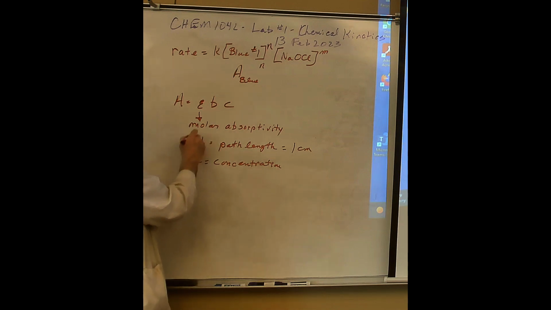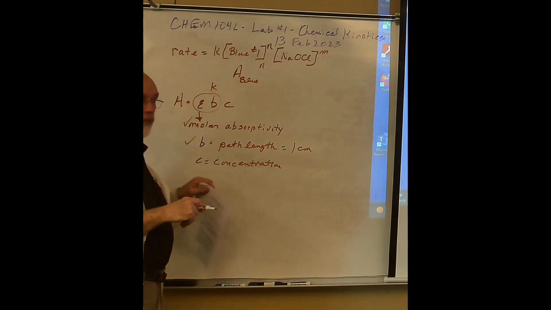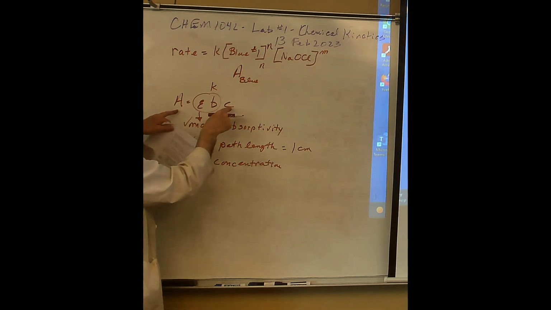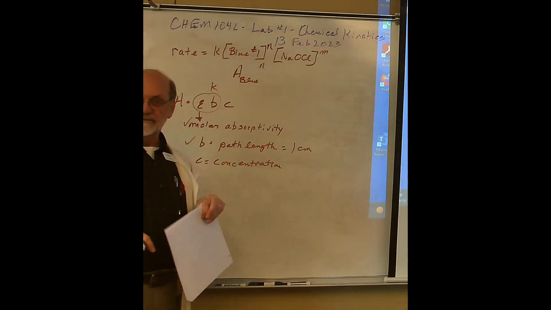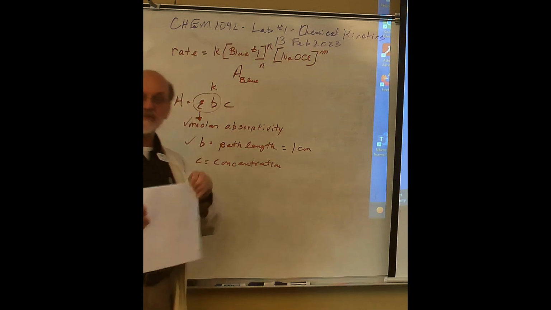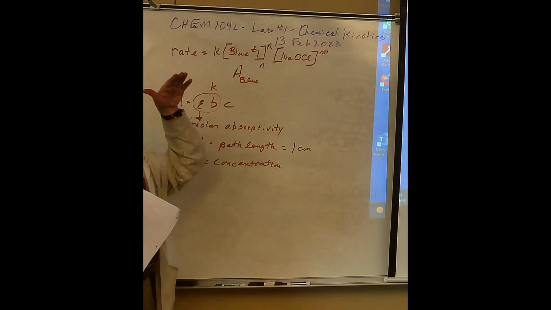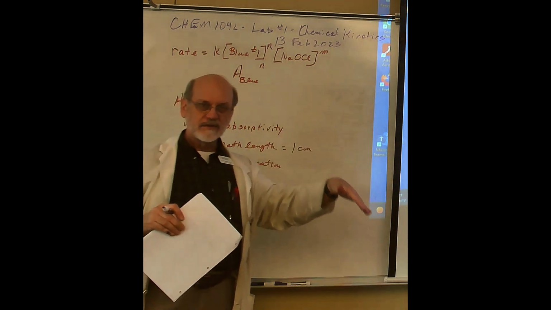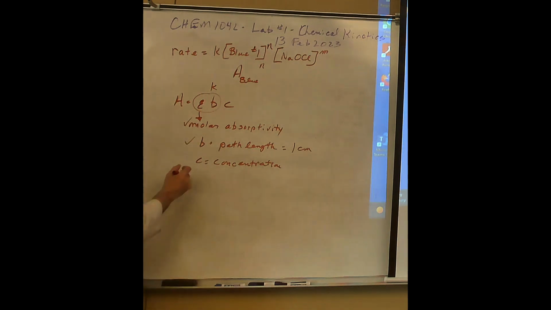So these two terms become some sort of constant. As the concentration of our blue dye changes, the absorbance is going to change, and that absorbance value is what we use to measure concentration. The absorbance is going to start out here and go down over time. The absorbance units are key to the concentration.